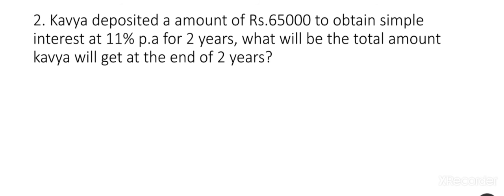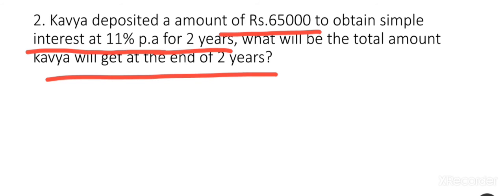Now the next question is, Kavya deposited amount of rupees 65,000 to obtain simple interest at 11% per annum for 2 years. What will be the total amount Kavya will get at the end of 2 years? Here deposited amount will be called as P, which is 65,000.